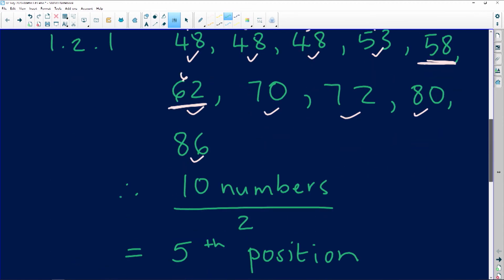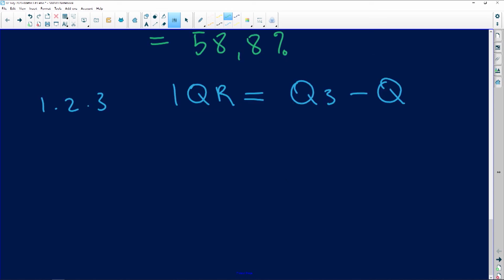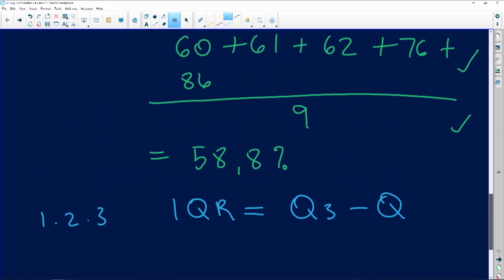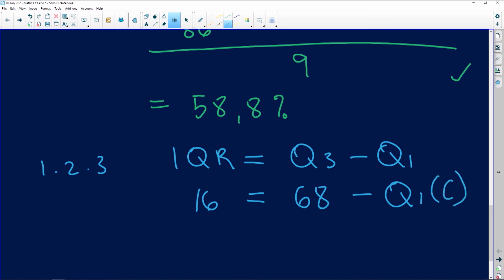All I need to do is substitute my values. I already know that my interquartile range, according to the information given, is 16. I know that Q3 is 68, and I am looking for Q1. Q1 is also known as C.